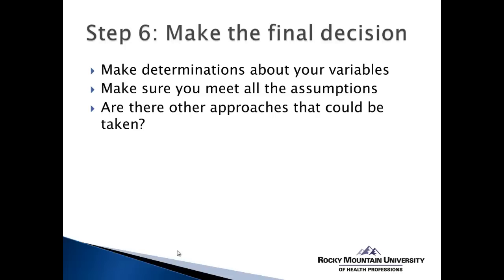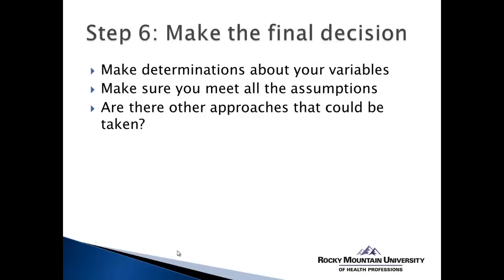And we also think about, are there other approaches that could be taken? Maybe we can change our outcome in a way that we could use a technique that we're more comfortable with, or that we think might be more appropriate to what we're doing. So it's always a good idea to think about what some of our alternatives might be and have a list of possibilities, and then we can make a decision based upon that list, kind of doing a pros and cons approach.